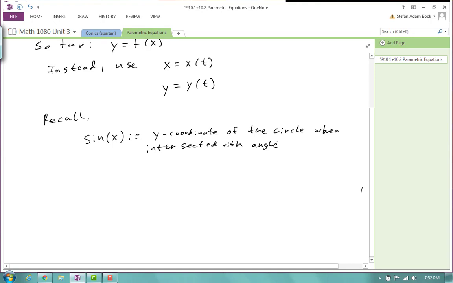But I shouldn't use the letter x here, so let me change this to an angle theta. And similarly, cosine of theta will be the x-coordinate.